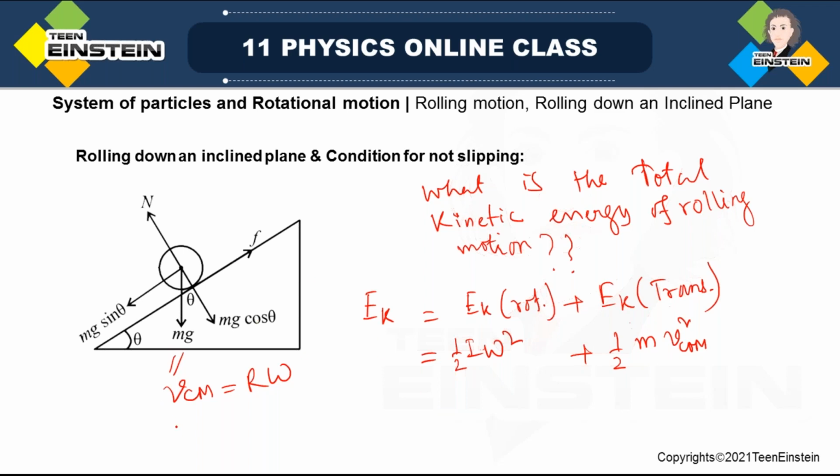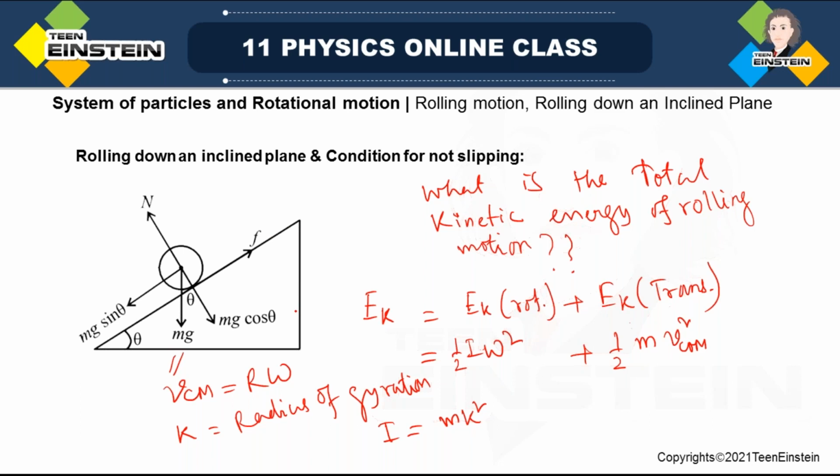If k is the radius of gyration, then we can write I is equal to mk square, okay, mk square. This is the definition of radius of gyration.